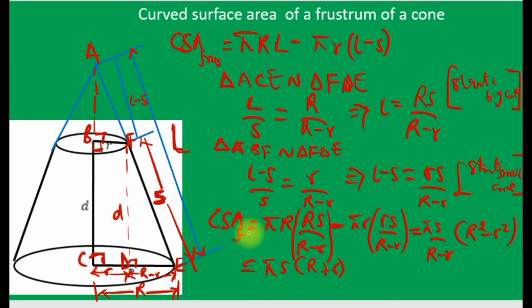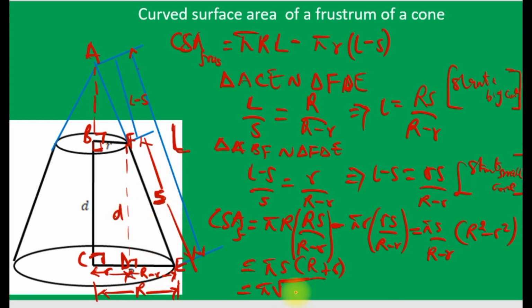But remember, we are given D, small r and big R, so we need to bring in D. From our Pythagorean theorem, look at this triangle. We can replace X in terms of D, R and r. From Pythagorean theorem, the square of this is equal to the sum of the squares of this and this.